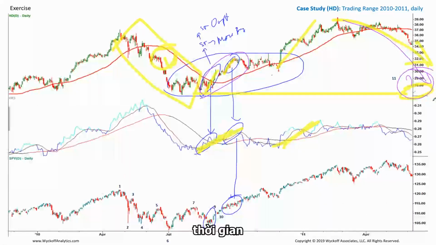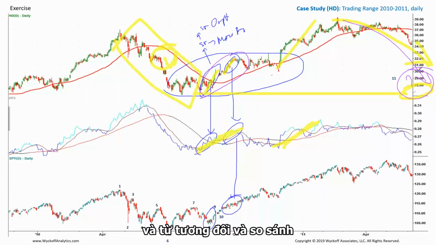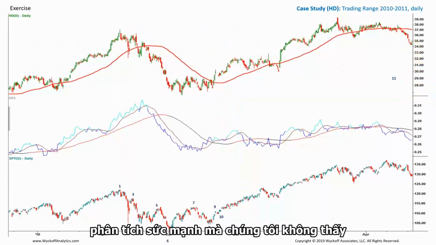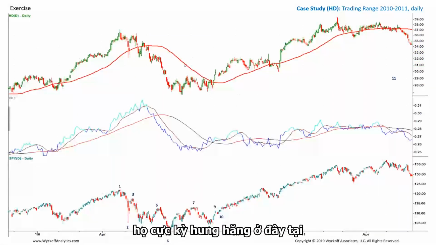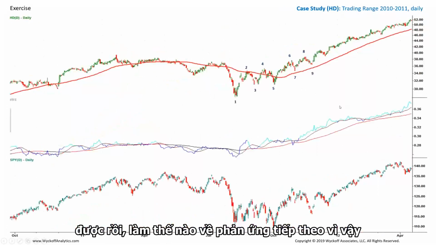So the timing is important here, and sometimes the timing is going to be defined by looking at how institutions behave. From the relative strength and comparative strength analysis, we don't see that they are extremely aggressive at this spot. Okay, well, how about the next reaction?